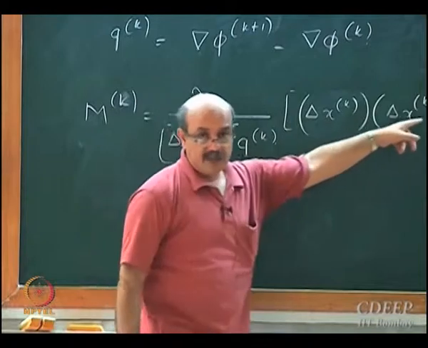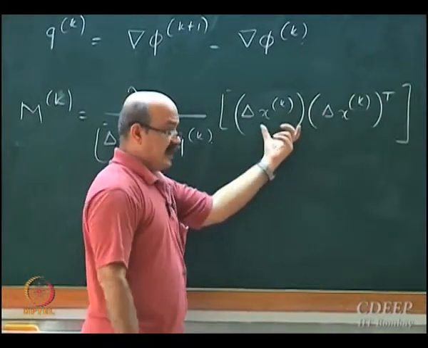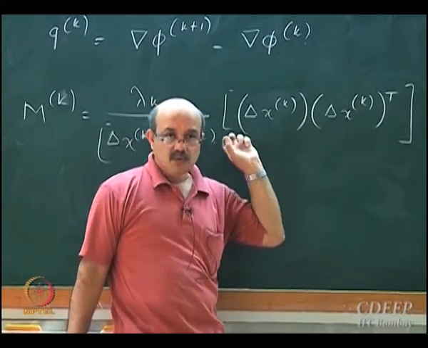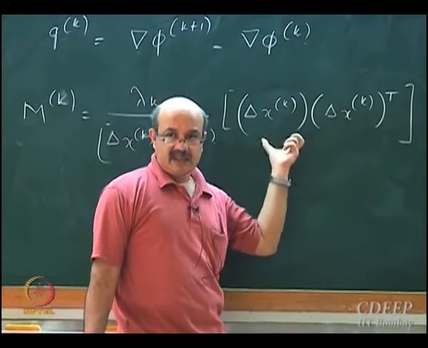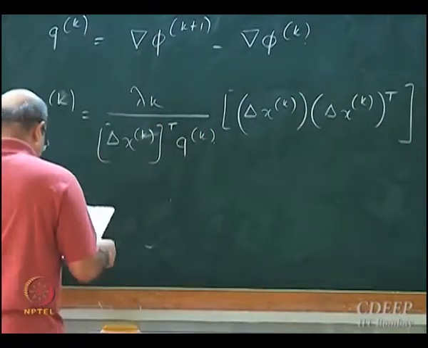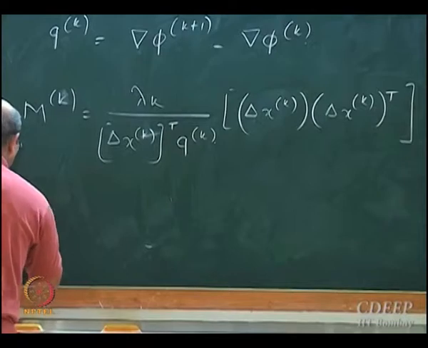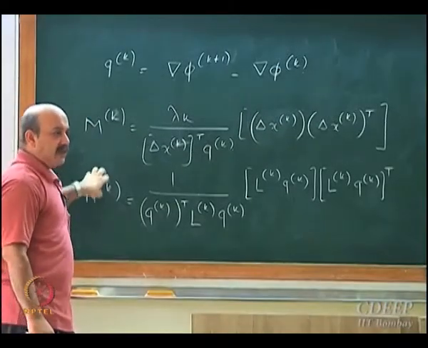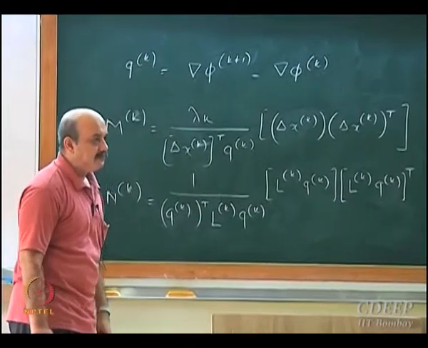So this is a rank 1 matrix. Delta xk is the previous move, and delta xk delta xk transpose will be a rank 1 matrix. Mk and Nk are two corrections which are rank 1 corrections.